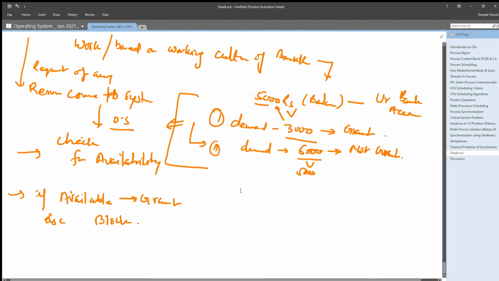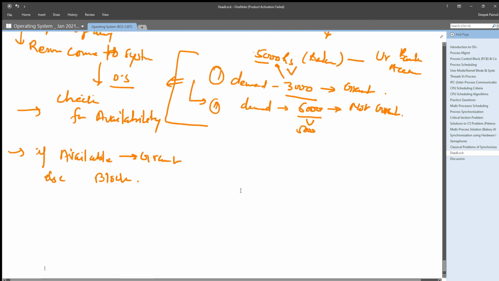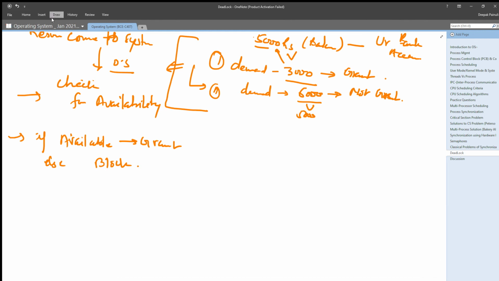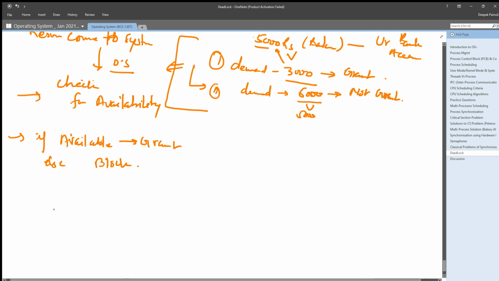So our Banker's algorithm is actually a combination of two algorithms.